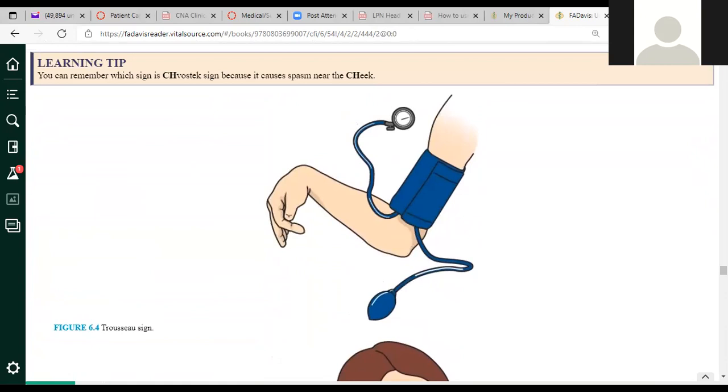test. And a Trousseau test is more so where a blood pressure cuff is placed around a patient's arm. And with the blood pressure cuff, we actually pump it up to a certain level. And in the patient's hands, you will see tremors.